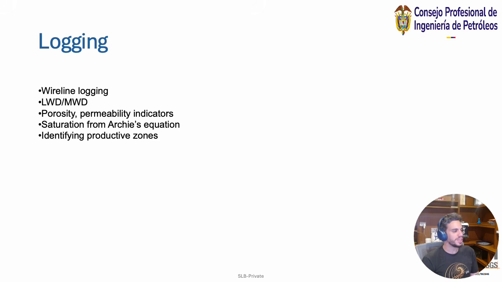And then we'll talk about saturation, which, like we mentioned, is the relative percentage of water, oil, and gas. And we'll talk about Archie's equation. Archie's equation is one of the most important equations in petrophysics, one of the most important equations in the logging world, and we'll give some history on that.